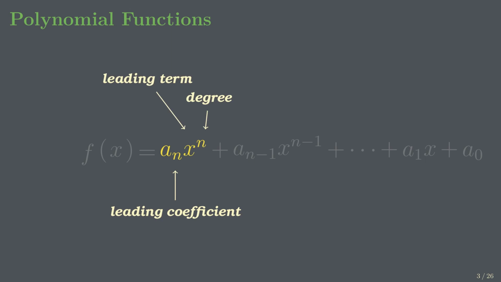In case a_n is 0, these notions are reserved for the leftmost term where the coefficients start to be non-zero. We're going to see this in some specific examples so you can easily understand this notion.